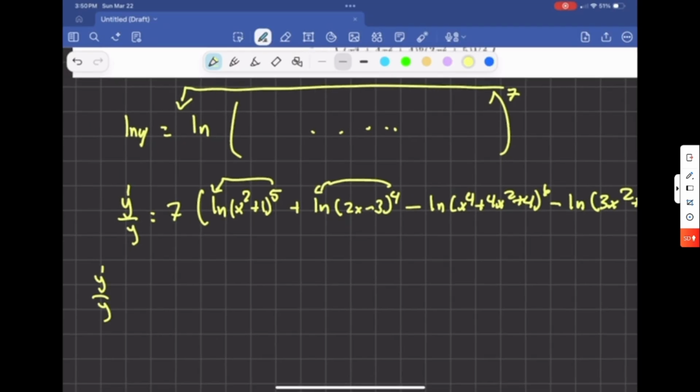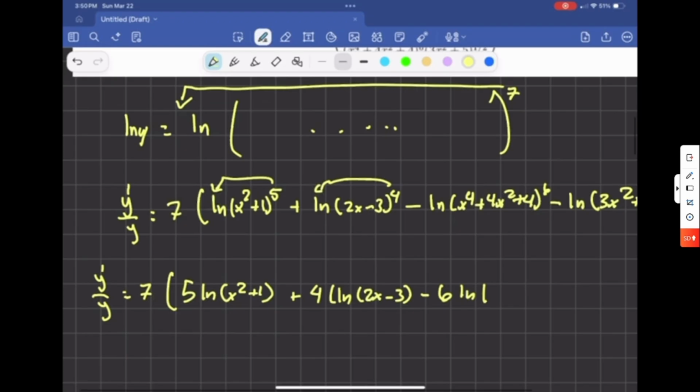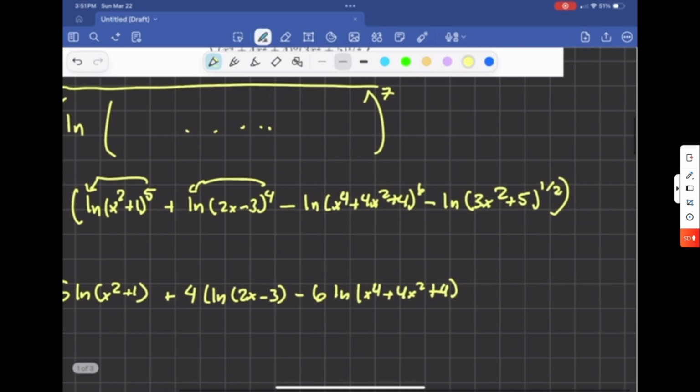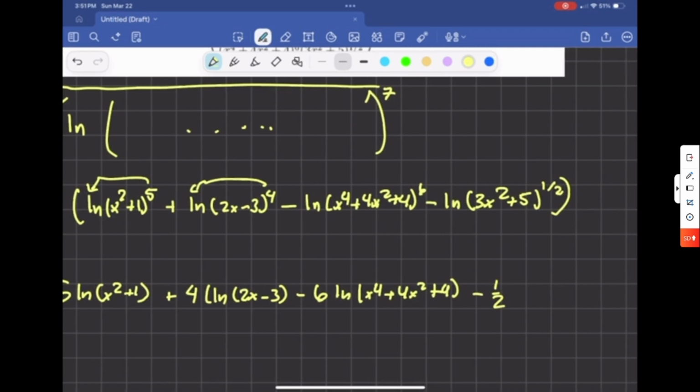We're left with ln y equals 7 times [5 ln (x squared plus 1) plus 4 ln (2x minus 3) minus 6 ln (x to the 4 plus 4x squared plus 4) minus 1/2 ln (3x squared plus 5)].